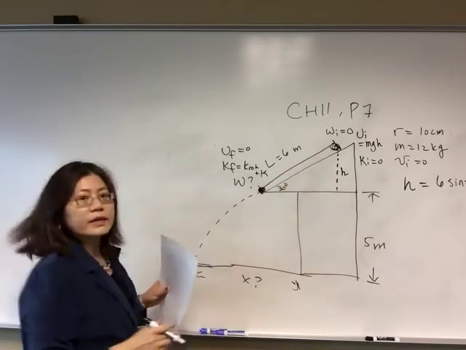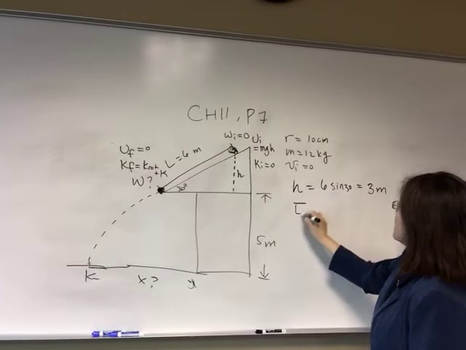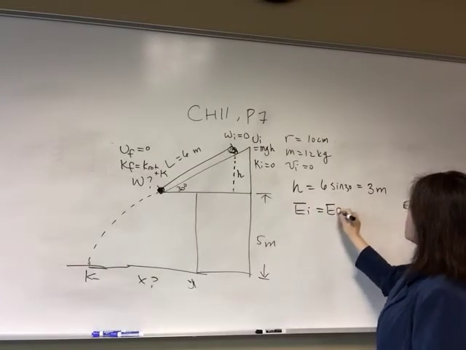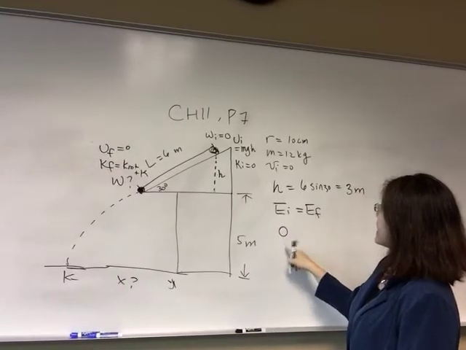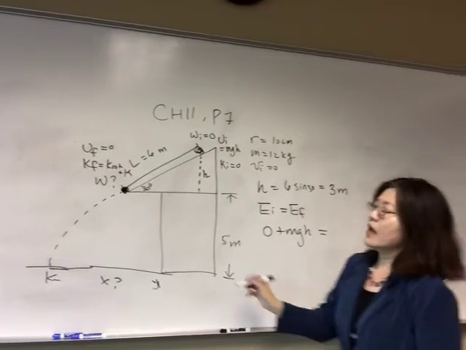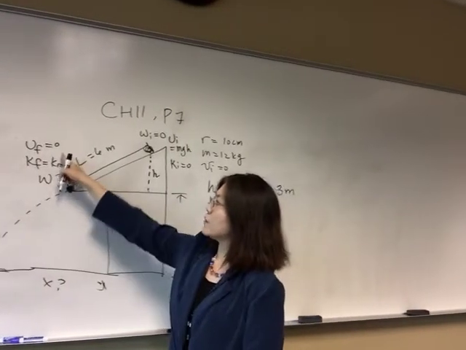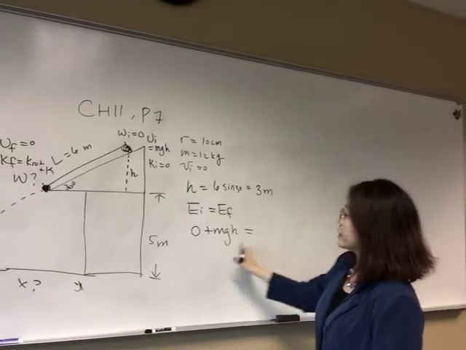So I'm just leaving it as a K. All right, so we can solve equations like that. Initial energy equals final energy. Initially, you have 0 from the kinetic energy plus mgh, and that's equal to, at this point, 0 gravitational potential energy.